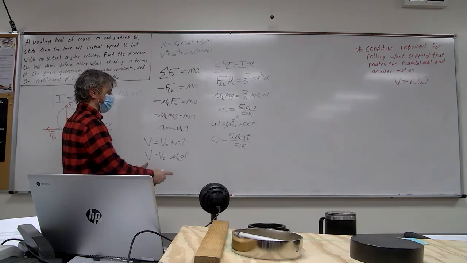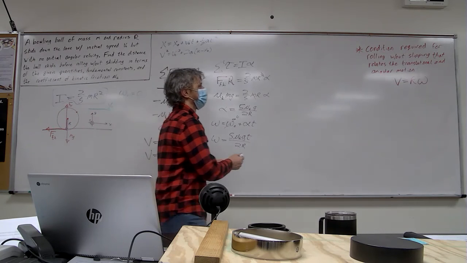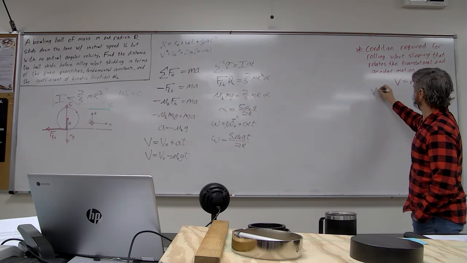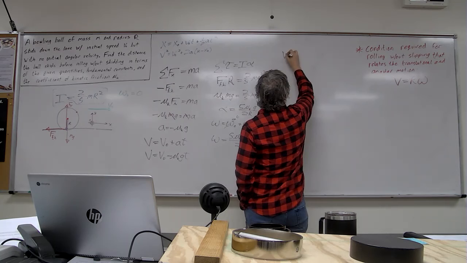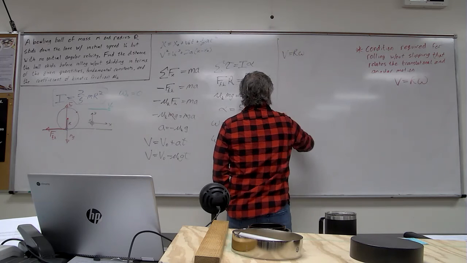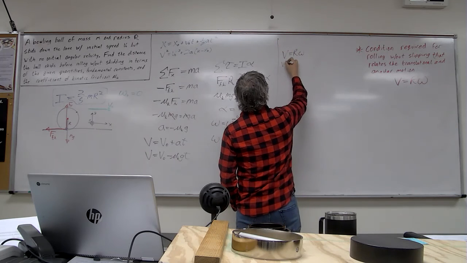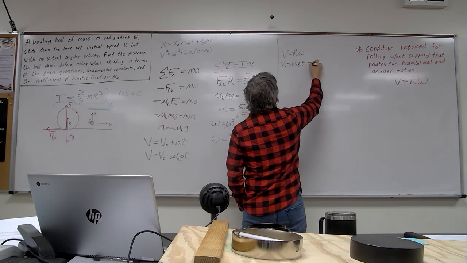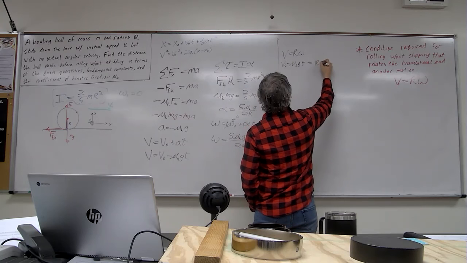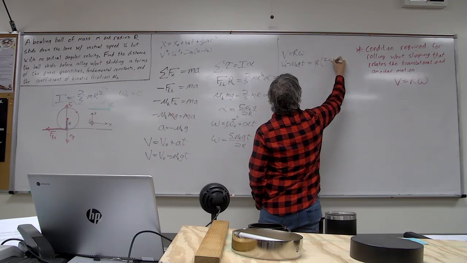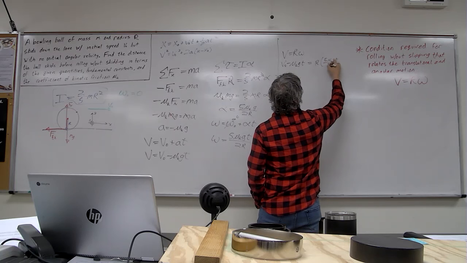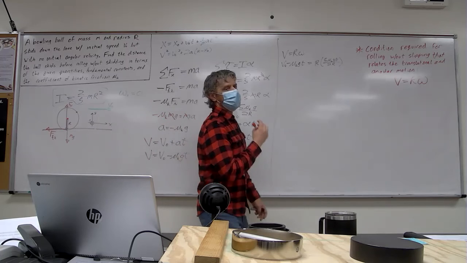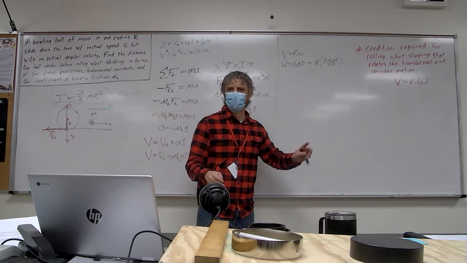Now that I have expressions for v and omega, I can then say, well, I have v equals r omega. For v, I can plug in, actually, I'm going to put that up here. v equals r omega. v naught minus mu k g t equals the radius times 5 mu k g t over 2 r. And there's nothing that was brought by everyone to the party, right?